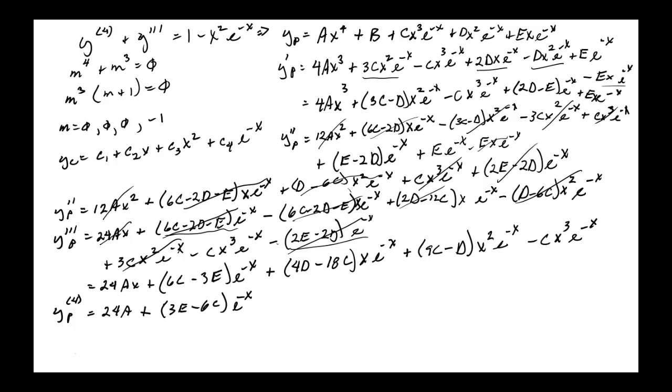All right, the next one is going to have plus 4d minus 18c e to the minus x, minus 4d, I can't write, minus 18c x e to the minus x.